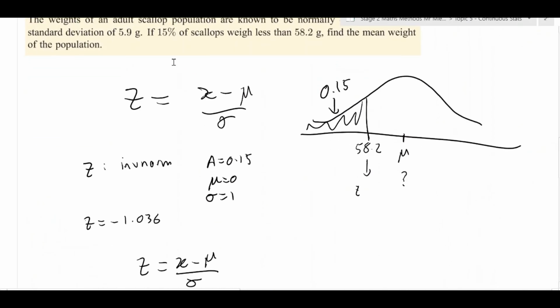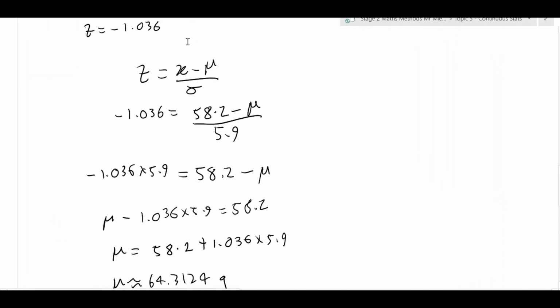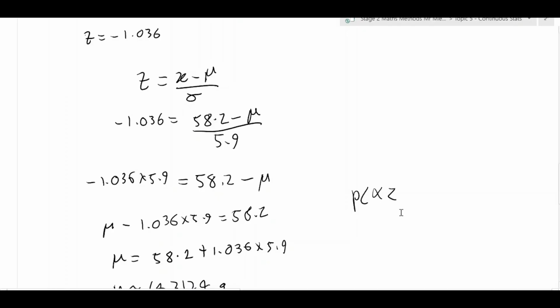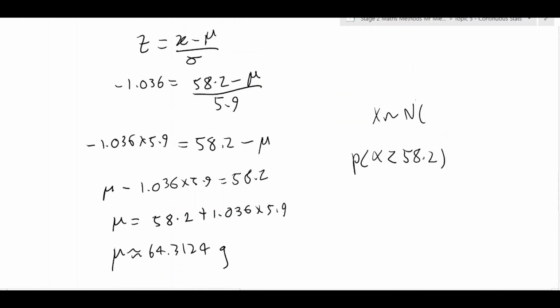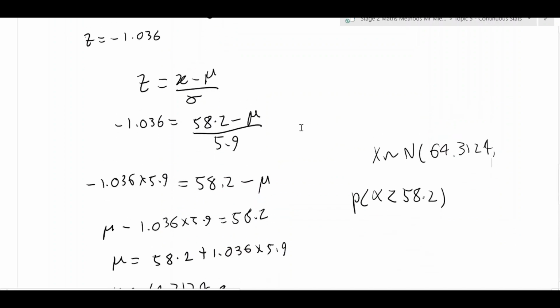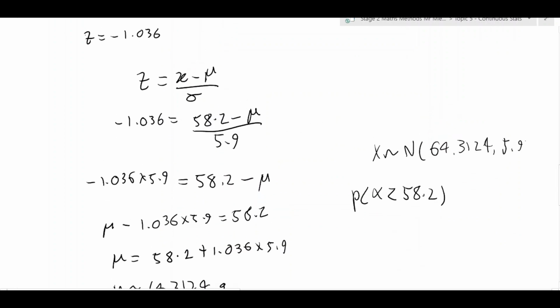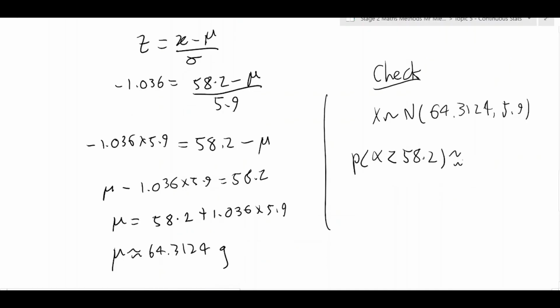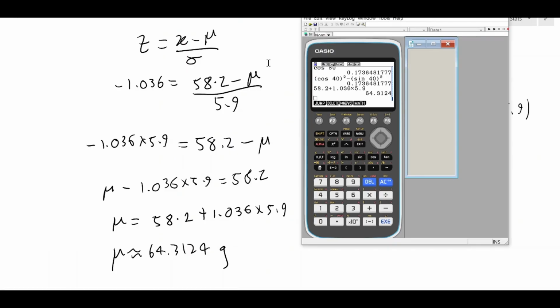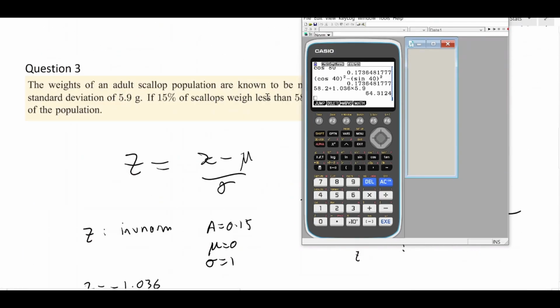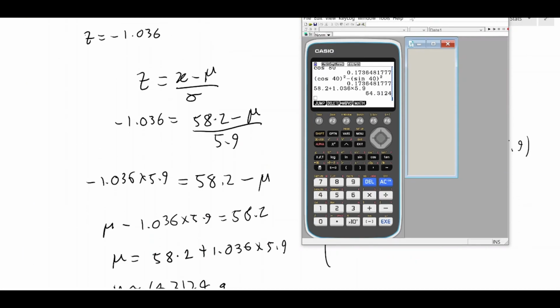And then if we want to double check that, we can calculate the probability that x is less than 58.2. Suppose x is distributed normally with a mean of 64.3124 and a standard deviation of 5.9. We'd want to calculate the probability that x is less than 58.2, which should be exactly 15% if we've done everything right. So let's check that.